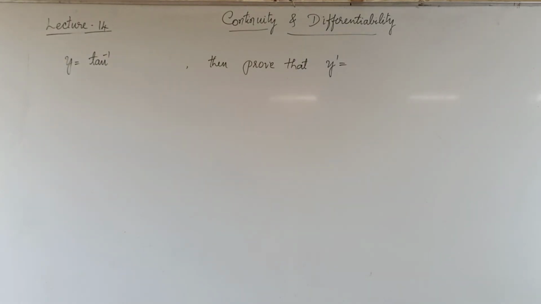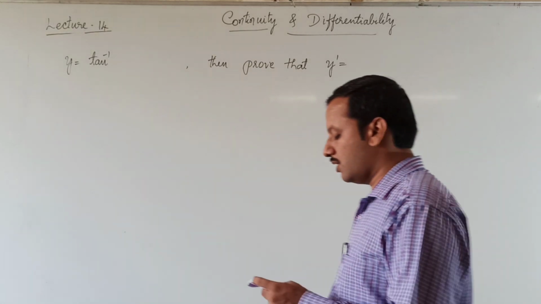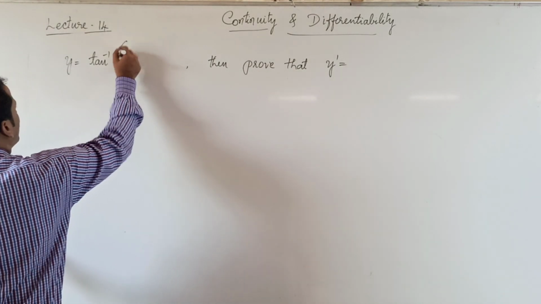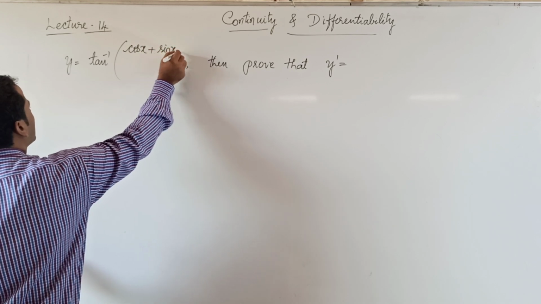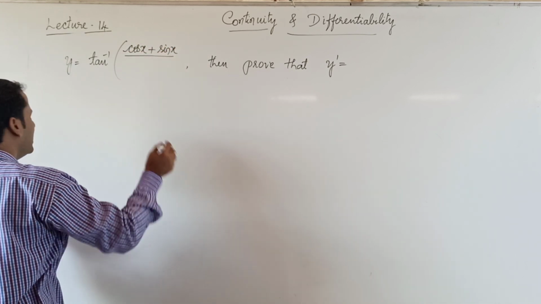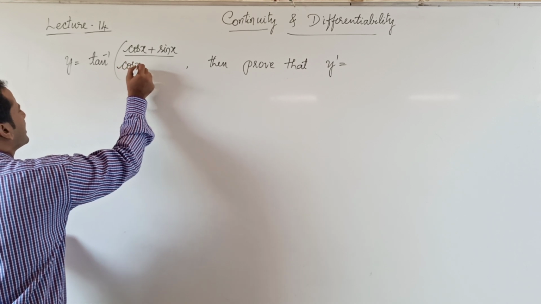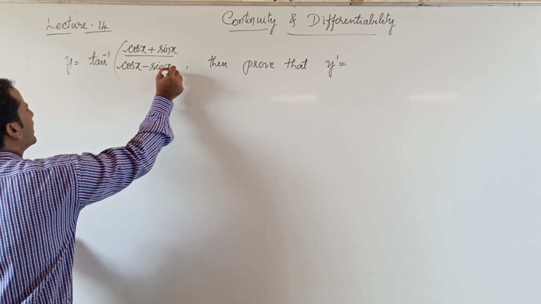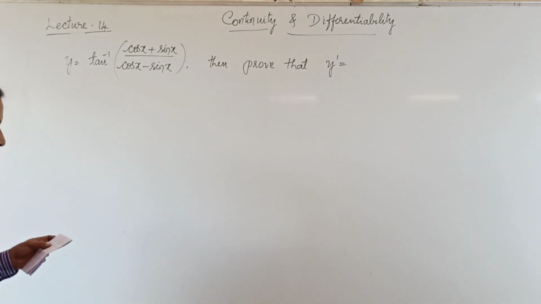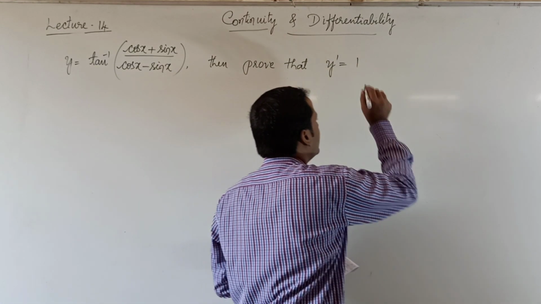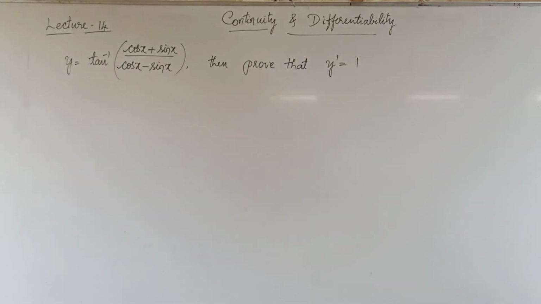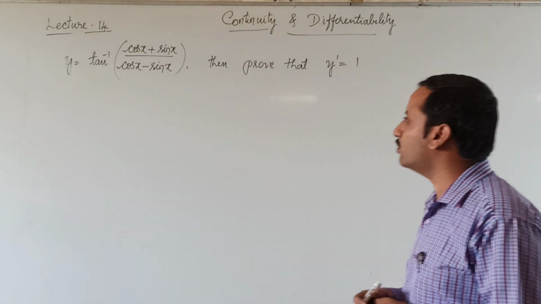If y is equal to tan inverse of cos x plus sin x divided by cos x minus sin x, then prove that y dash is equal to 1.